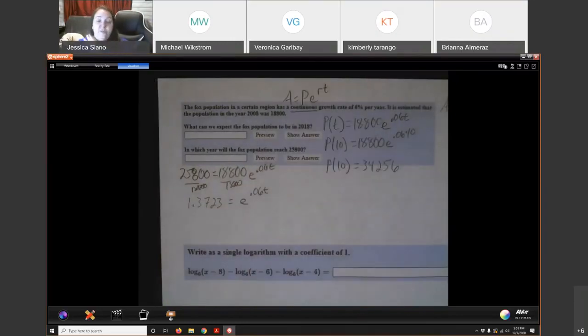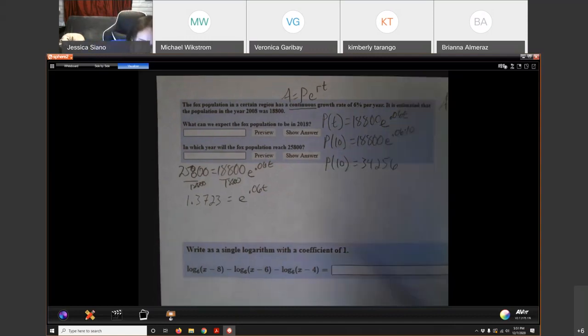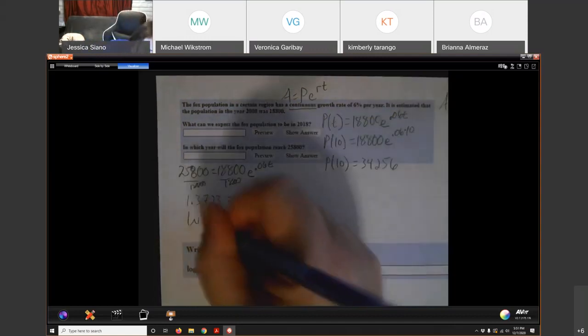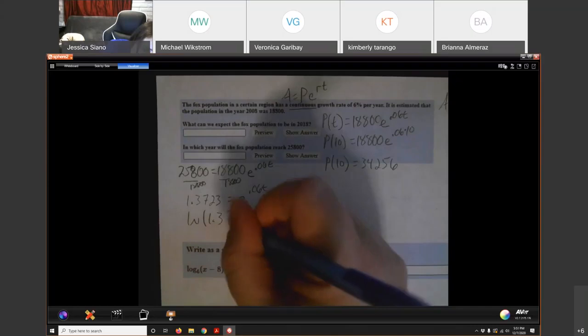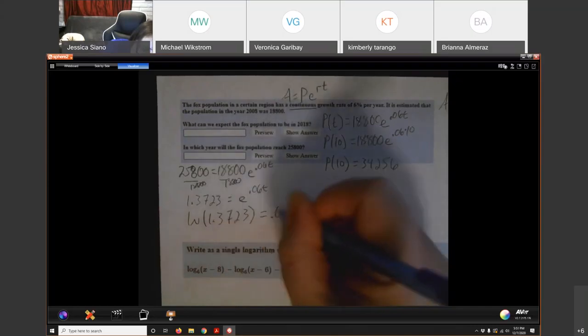And then we need to turn this into a logarithm. And remember with the e's, anytime we turn an e into a logarithm, it turns into the natural log. So this would be the ln of 1.3723 equals 0.06t.